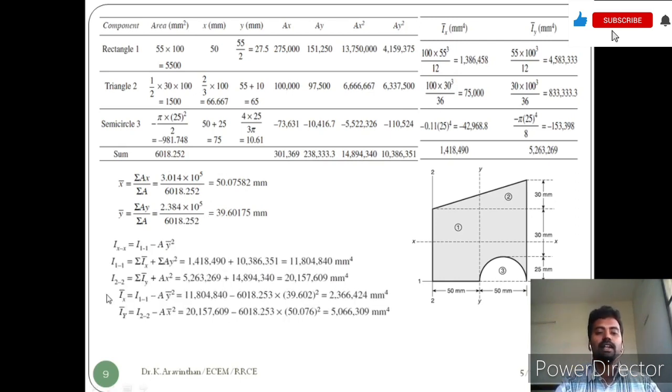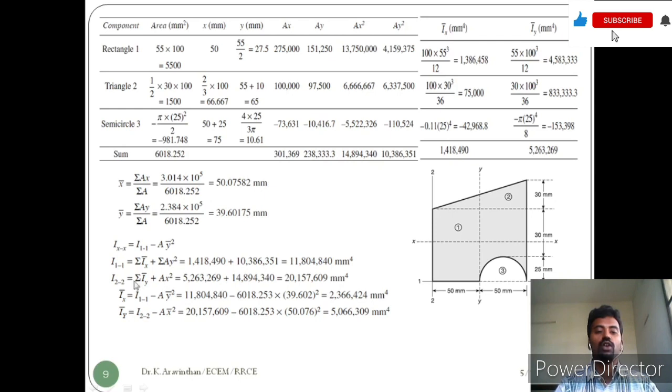After finding that, Ixx, that is I bar x, is found to be 2366424, and I bar y is 5066309 mm power 4. Here you should note that I bar x is lesser and I bar y is higher. So this is the moment of inertia of the section.